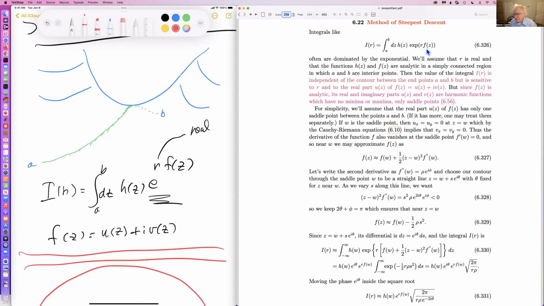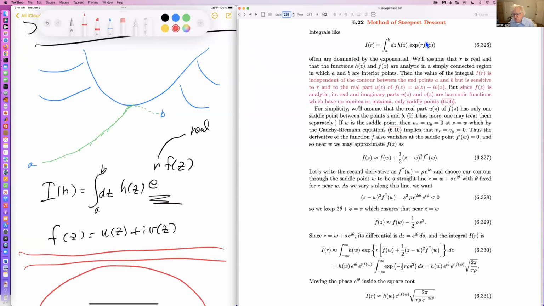And consequently, here we're imagining that r is a real number. Of course, it could be complex, but anyway, we're thinking of it as a real number here, and f is a complex function.